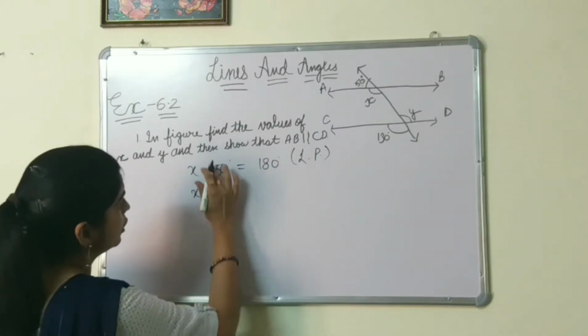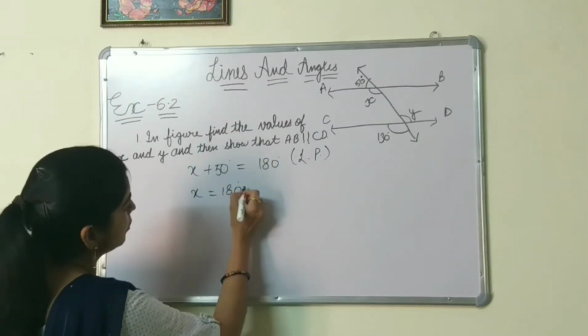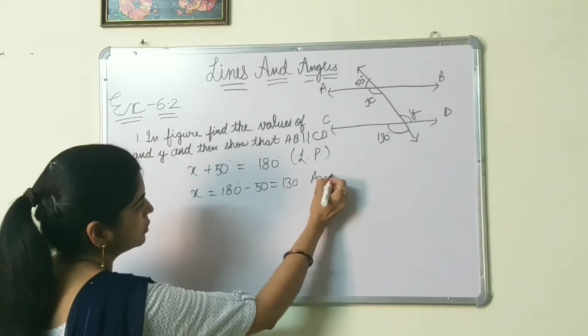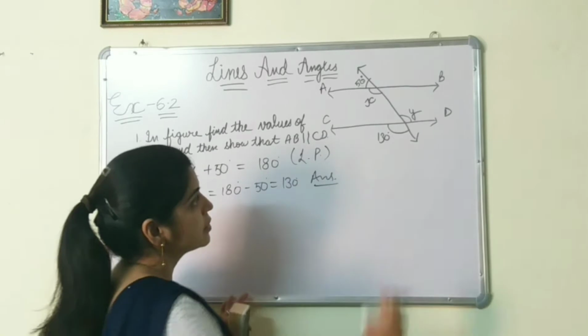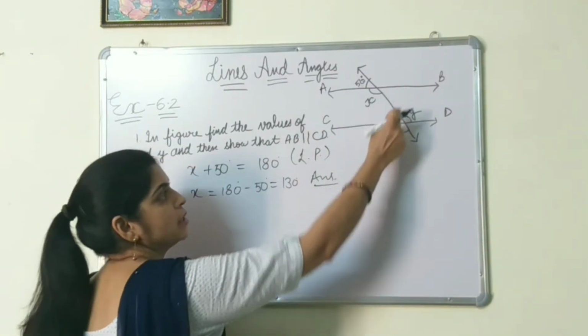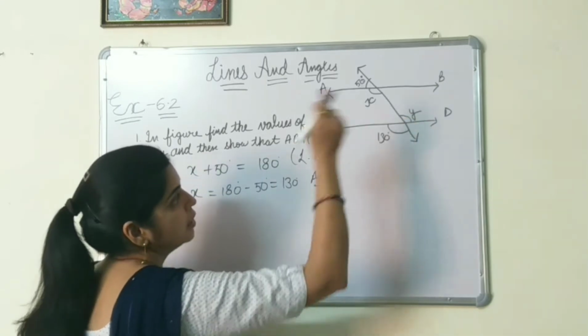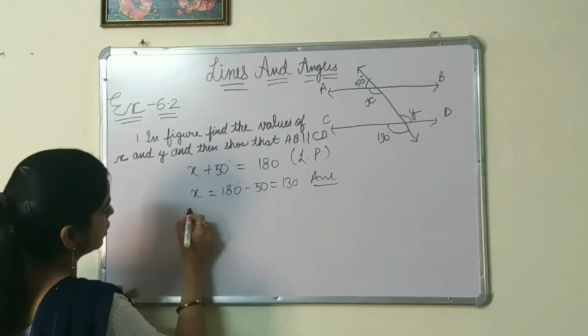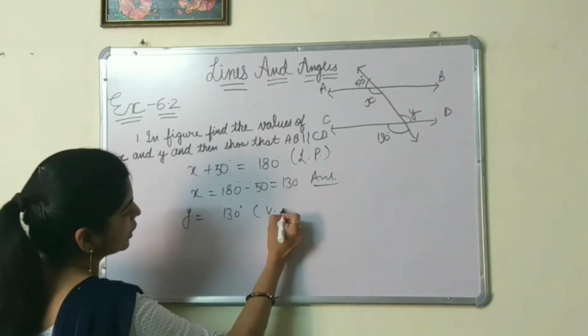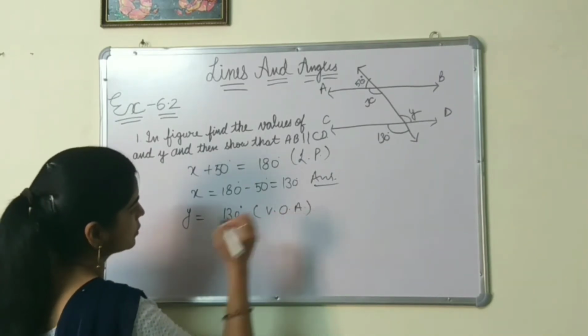X is equal to 180 minus 50, that is 130 degree. Answer. And we can see that angle y will be equal to 130 degree because these both angles are vertically opposite angles. Angle y is equal to 130 degree because of vertically opposite angles.